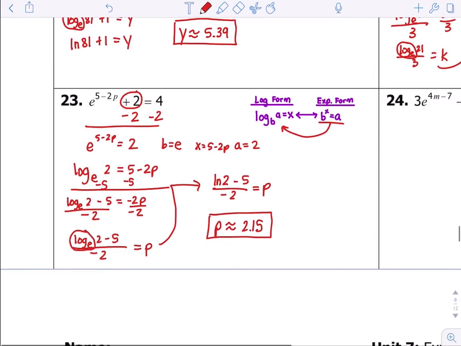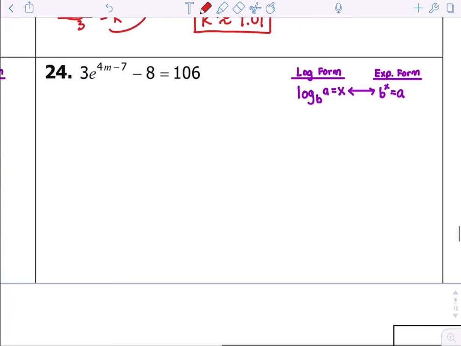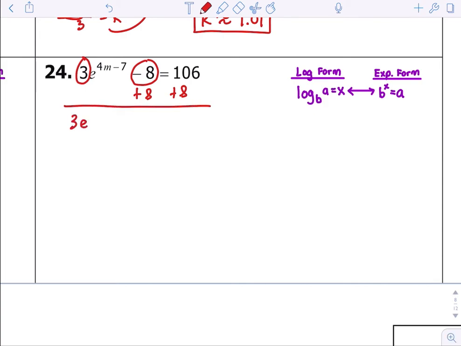Alright, 24. So this is not an exponential form yet. That and that are out of place, so let's add 8 to both sides first. Then let's divide both sides by 3. e to the 4m minus 7 is equal to 38.